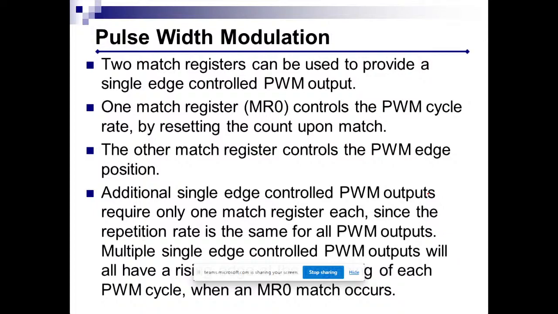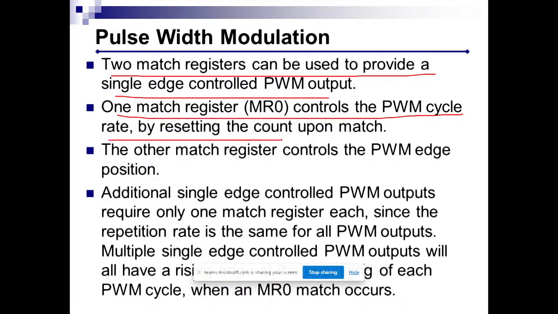Actually time is less, but still I have some 3 to 4 minutes with me, right? Two match registers can be used to provide a single edge control PWM output. One match register controls the PWM cycle rate by resetting the count upon the match. The other match register controls the PWM edge position.